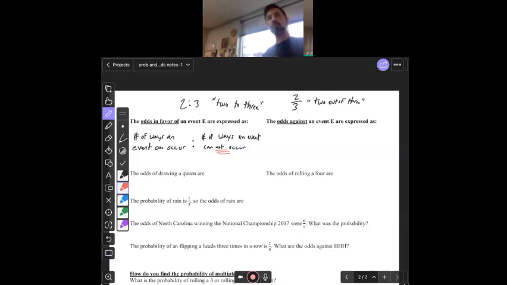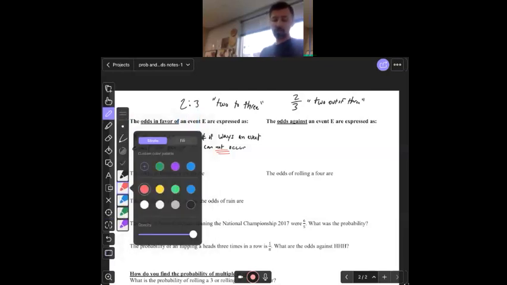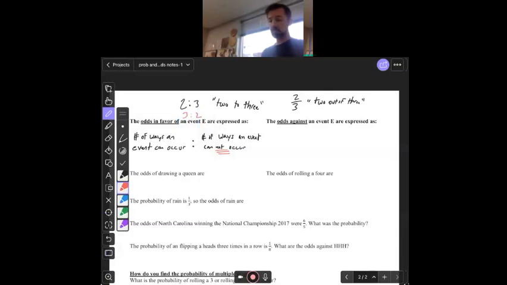Odds against is basically the flip around. So if the odds for something happening were 2 to 3, so 2 times it would happen, 3 times it wouldn't, the odds against it happening would be 3 to 2. I'm just going to take these two statements and turn them. I would call those reciprocals of each other.